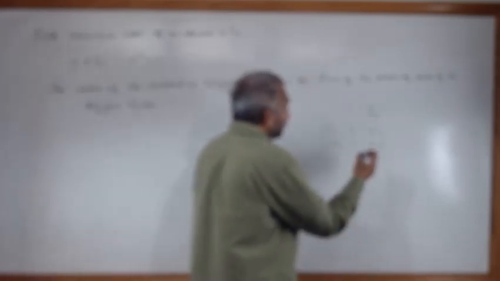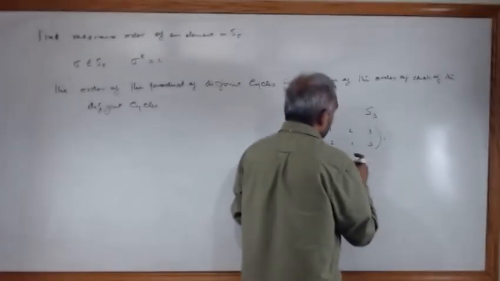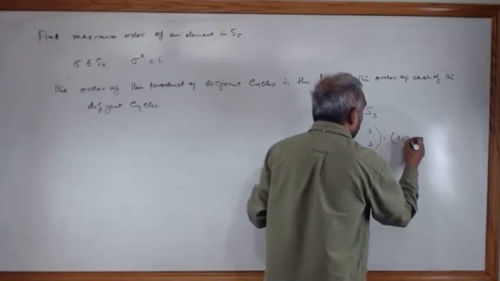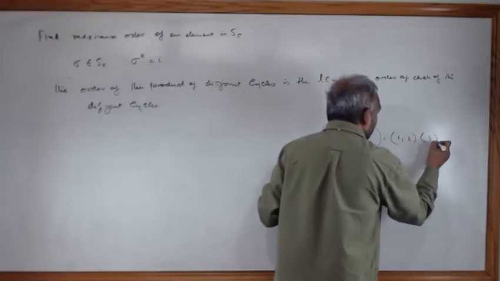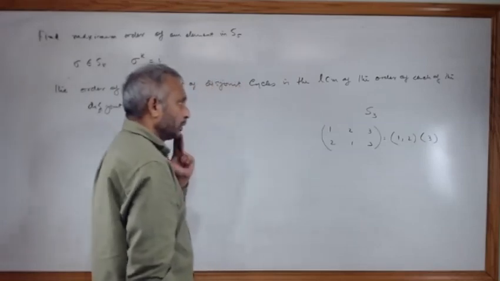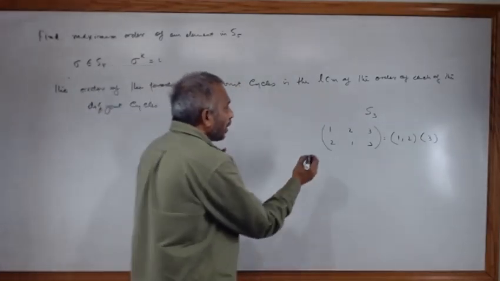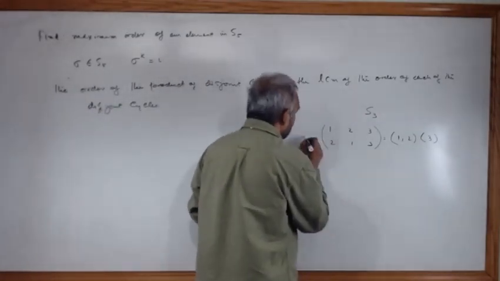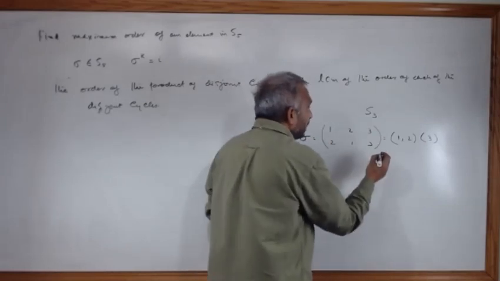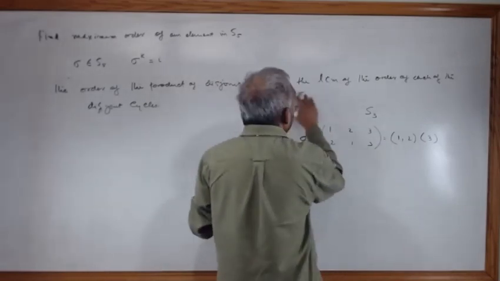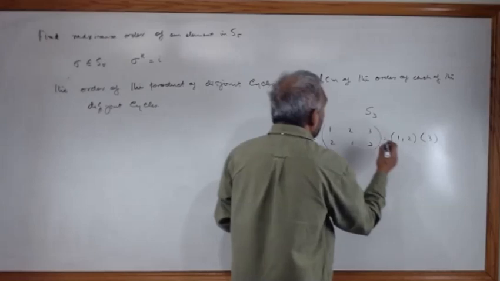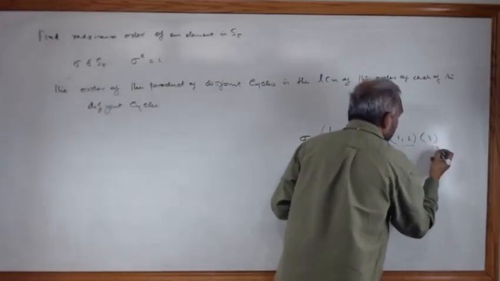So the disjoint cycles are (1 2) and (3). So the order of this is the LCM of the order of this and this.